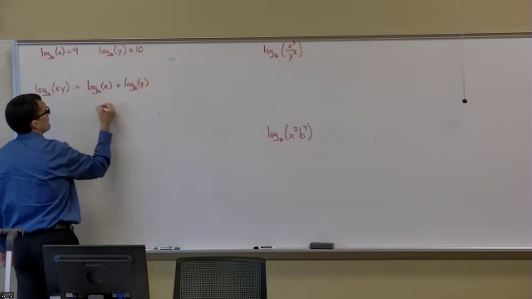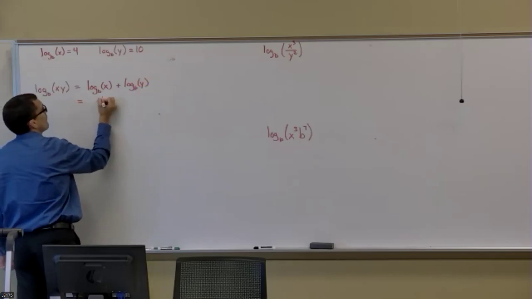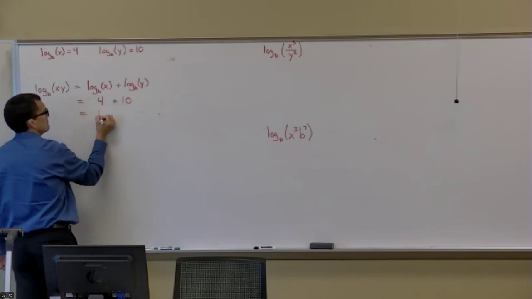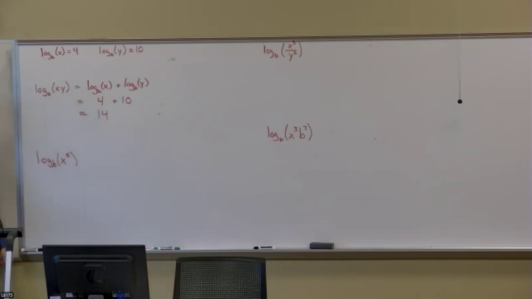When I do that, this is just 4 plus 10, which is 14. So log base b of x times y is going to be 14.